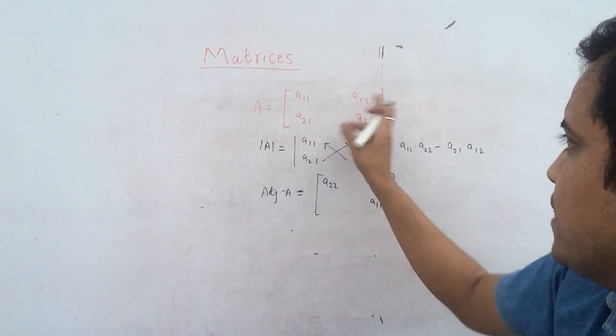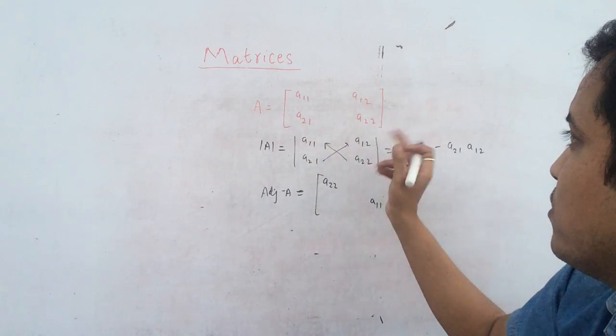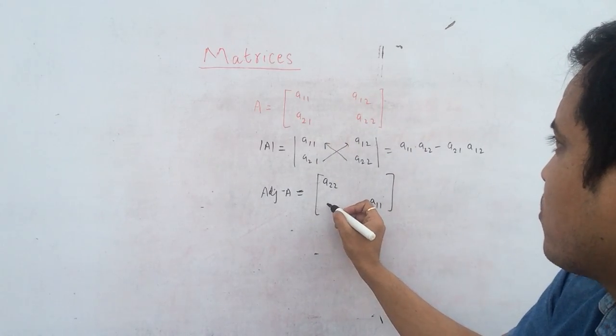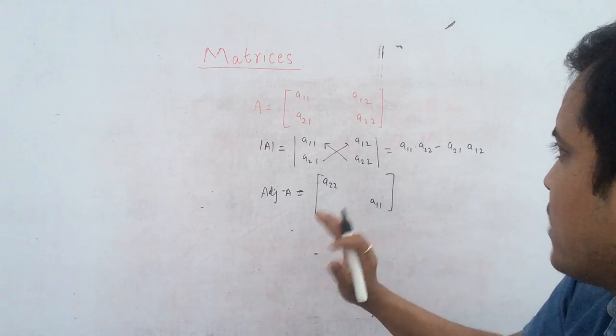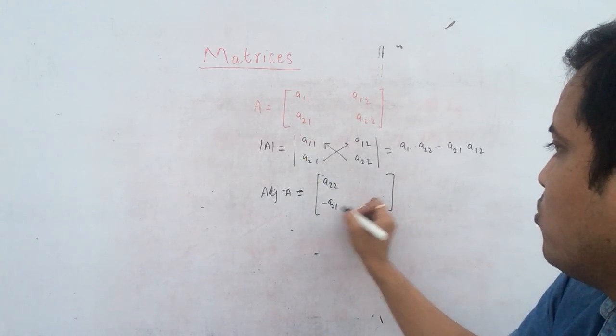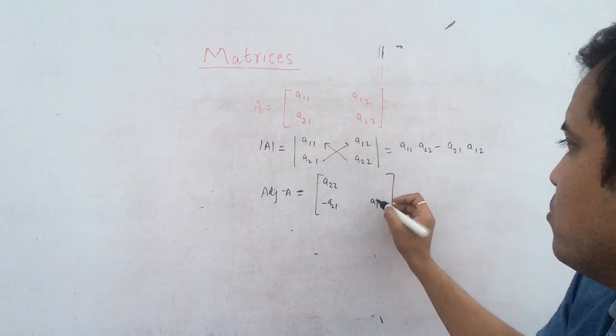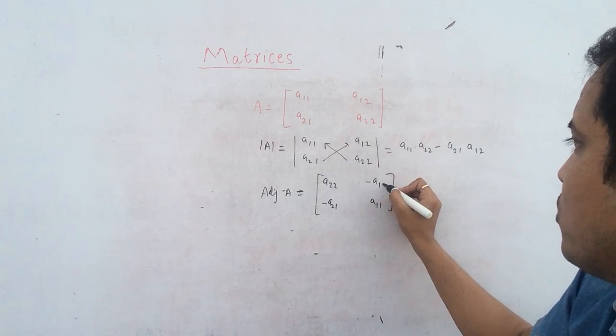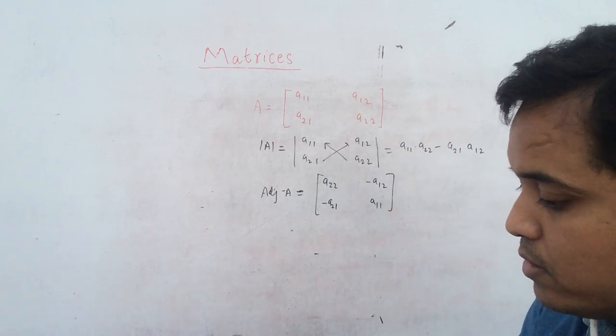And interchange the sign of the right diagonal, only the sign. So this is positive, so it will become negative of A21. It is positive A12, so it will become negative of A12. Is it all right or not?